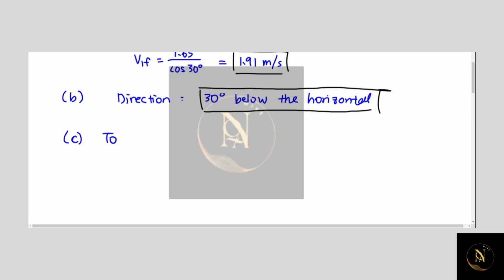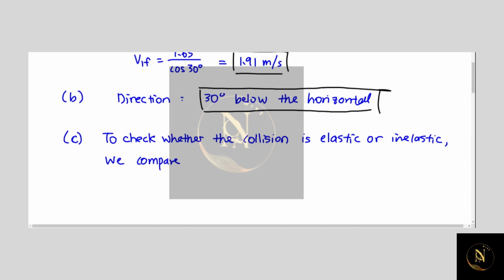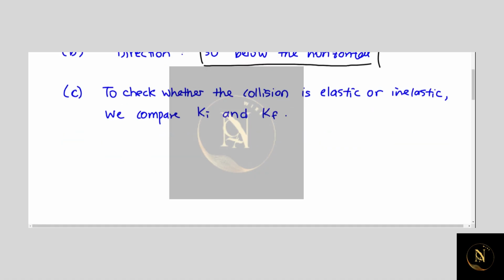To check this, we compare the initial kinetic energy and final kinetic energy. If they are equal to each other, then the collision is elastic. If not, it will be inelastic.